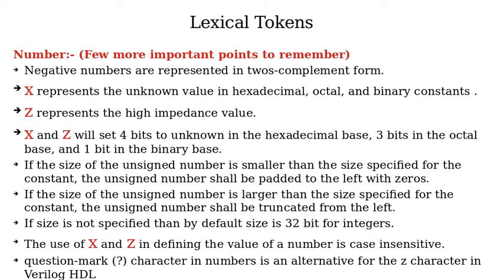If the size is not specified, then by default the size is 32 bits for integers. The use of X and Z in defining the value of a number is case insensitive. Question mark characters in numbers are an alternative for the Z character in Verilog HDL, and are used in user defined primitives.